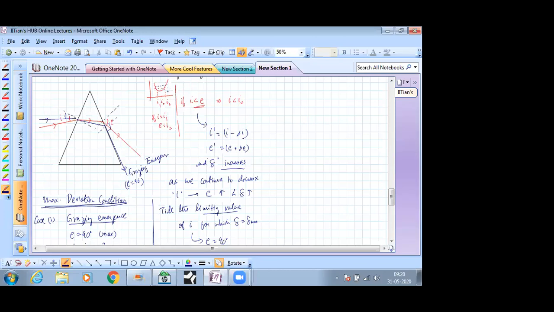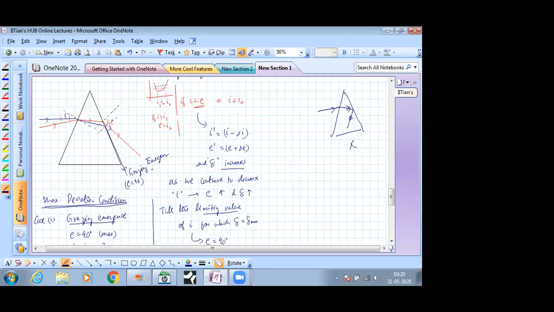So how far can I decrease? I can decrease to a point where I just about have emergence. If I decrease further than that, I will not have emergence, and instead TIR will happen. I don't want this. I want emergence to come out from here. So the critical condition becomes when emergence is grazing.